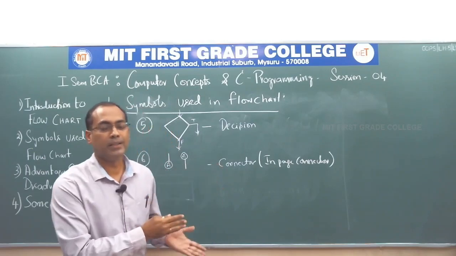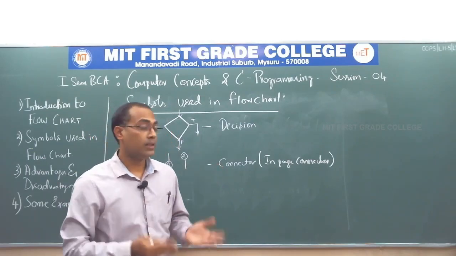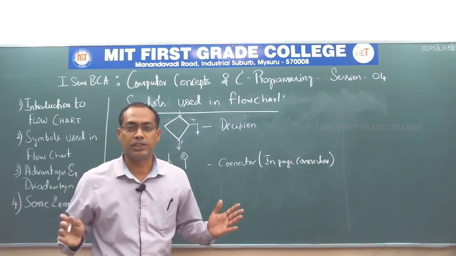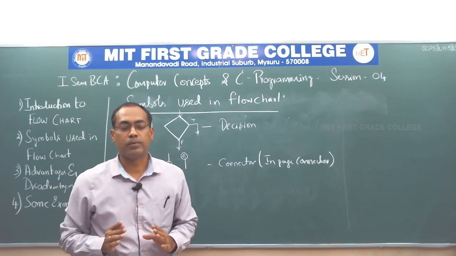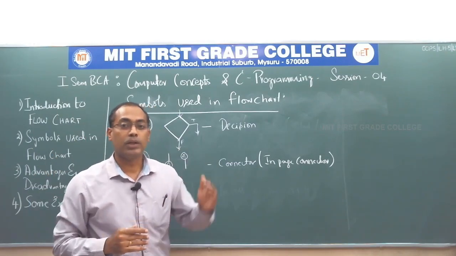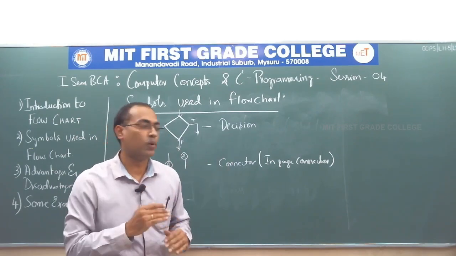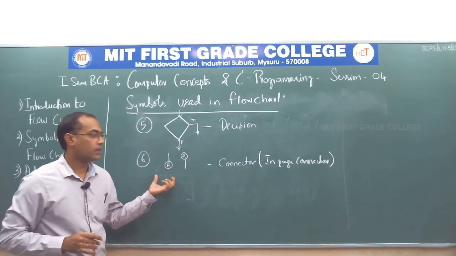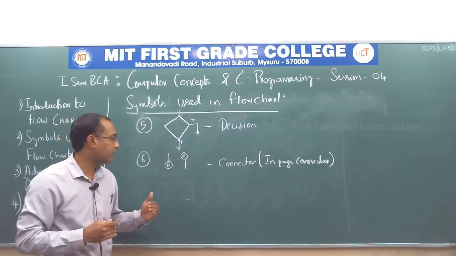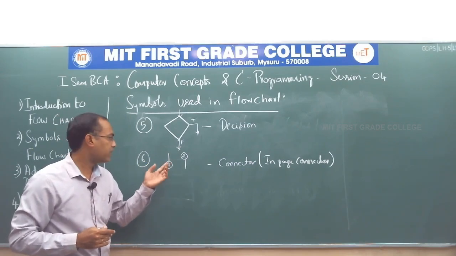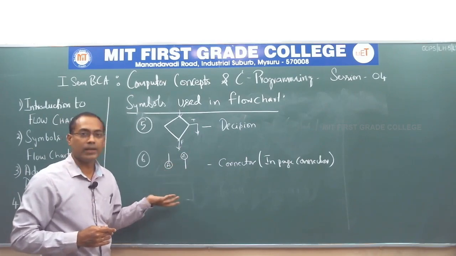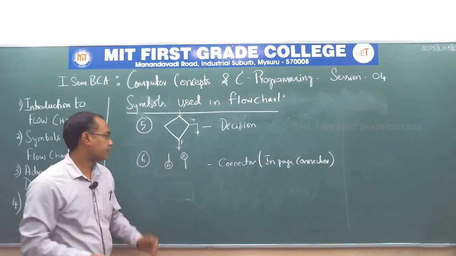Whenever you are drawing or creating the flowchart, the flowchart will run into many pages, or in the page, if you have taken a big sheet, you have to continue in multiple places considering the real estate of the page. So to represent the continuation of the flow, you use the connectors. Inside the connectors, in order to connect the respective linkage, you have to use specific labels. You can use alphabets A, B, C like that, or you can use any kind of symbols.